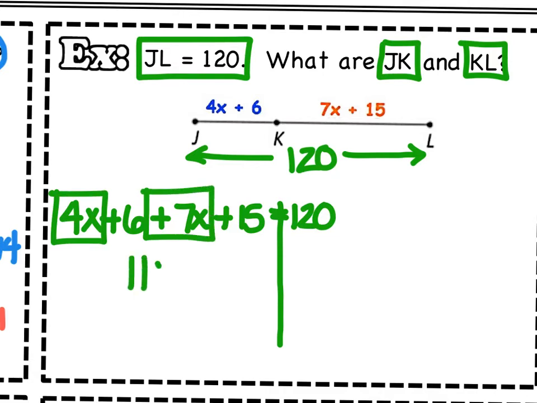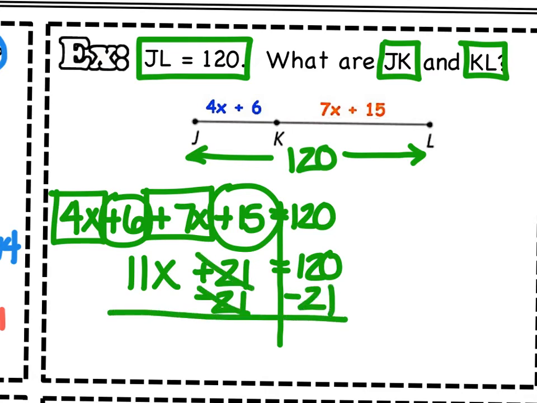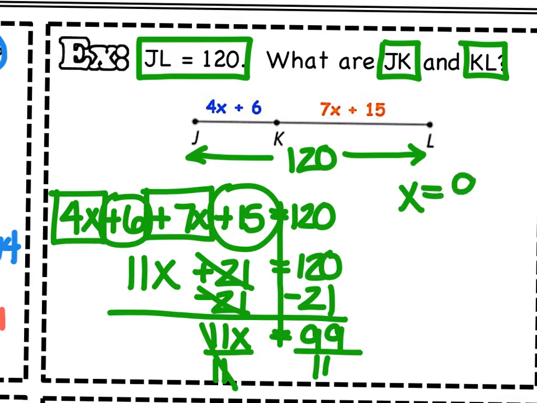So 7x plus 4x is 11x. Positive 6 and positive 15 is positive 21. We want to subtract that 21 from the other side of the equation. We get 11x is equal to 99. Divide both sides by that 11. So x ends up equaling 9.